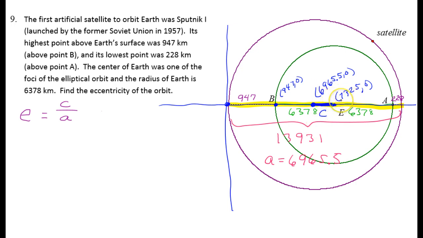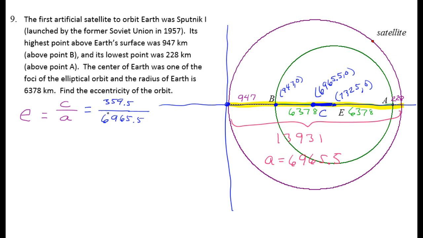So I'm just going to do 7,325 minus 6,965.5. Okay, so I'm getting a C value of 359.5, and we already knew that the A value was 6,965.5.